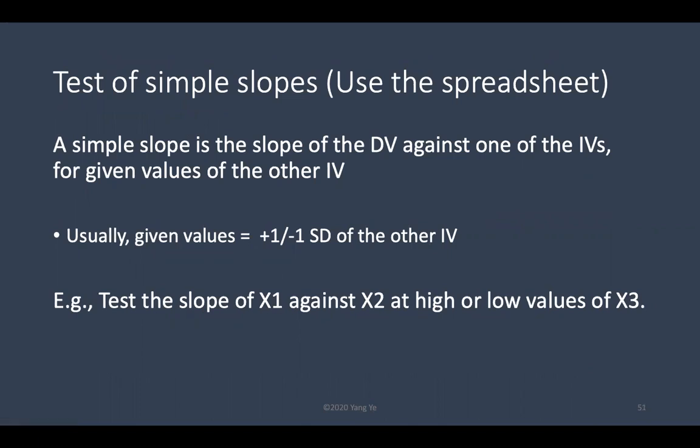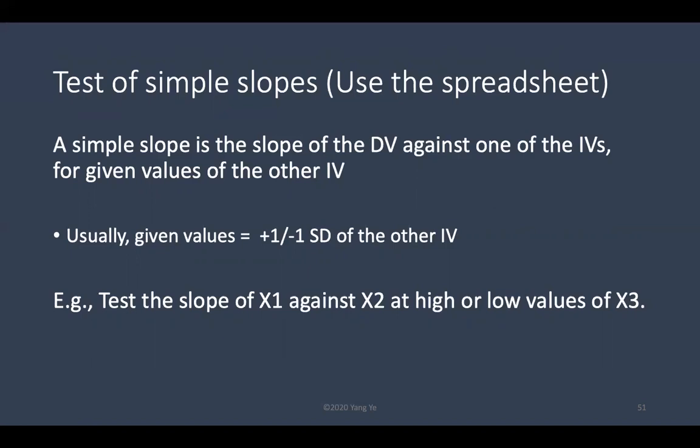What it does is create the slope of the dependent variable against one of the independent variables, for given values of the other independent variable, which is usually the moderator. So, for example, we can test the slope of x1 against x2 at two different values of x3.